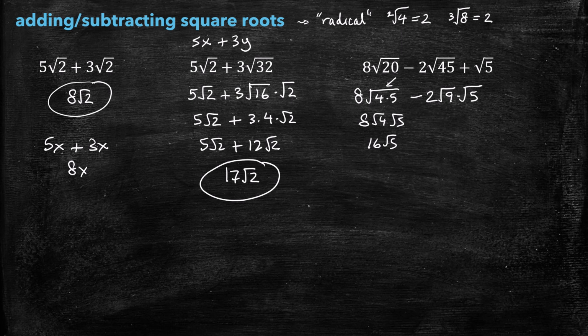So I can write rad 45 as rad 9 times rad 5, and that rad 9 is 3, so that's minus 6 rad 5. And then we have the plus rad 5 kind of tagging along, hoping that it can be combined with the others, which it can, so that we get 11 rad 5 as the final answer.